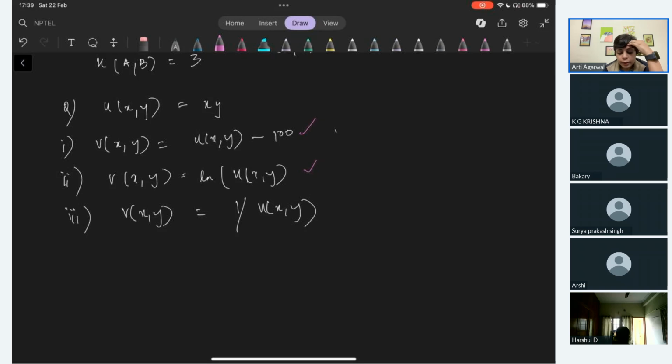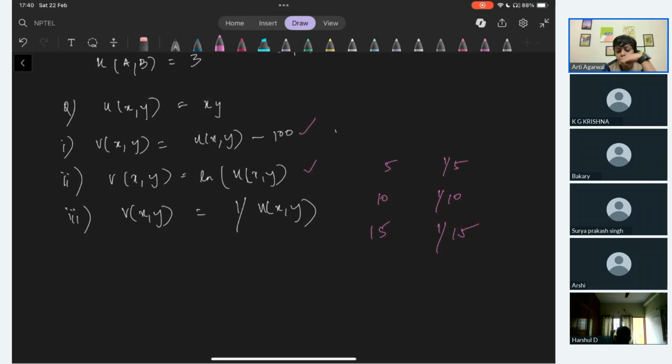The next is reciprocal. Reciprocal means like if you have numbers 5, 10, and 15, reciprocal means 1 by 5, 1 by 10, and 1 by 15, which means that the first one is the biggest, and the last one is the smallest.